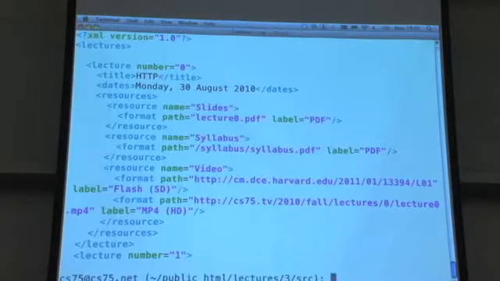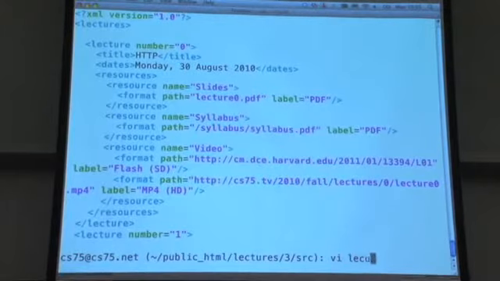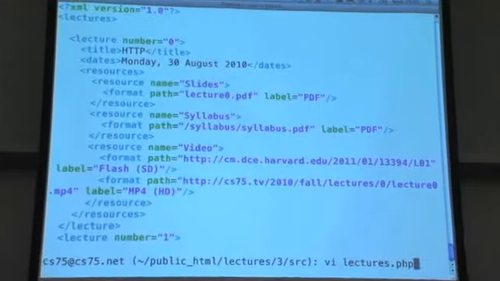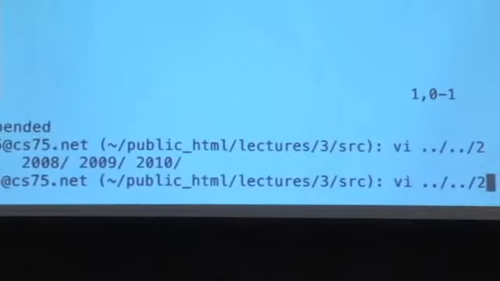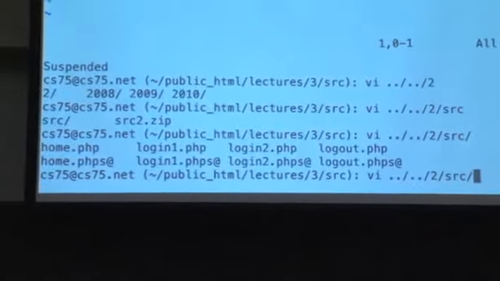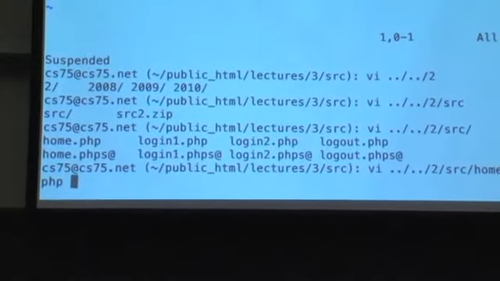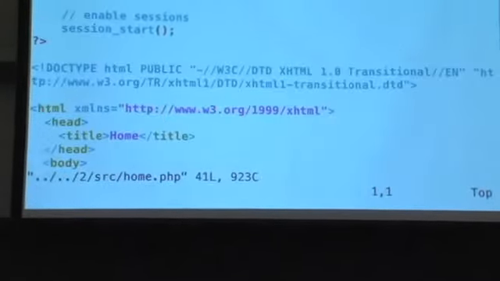All right, so let's go ahead and do this. Let me go ahead and write a page called lectures.php. I'm going to go ahead and open my PHP code. Well, let's say, for time's sake, maybe I can cheat. Source, home.php, lectures.php.